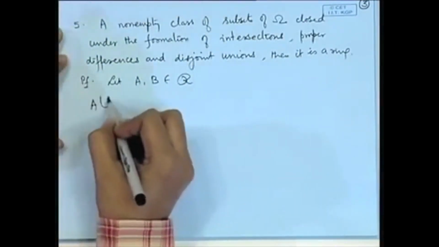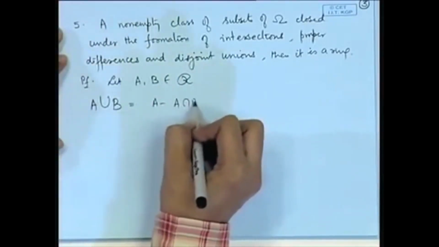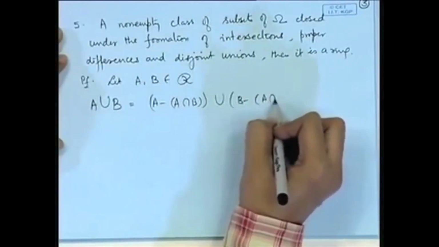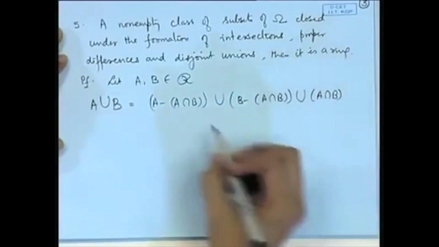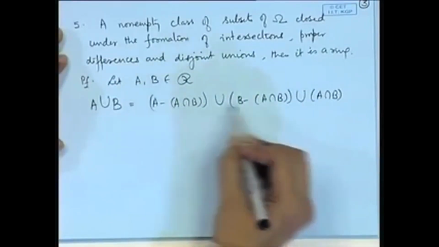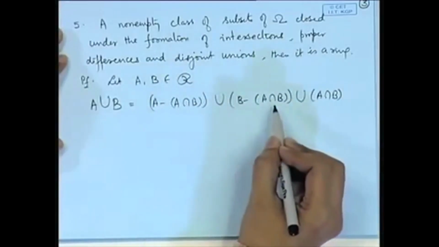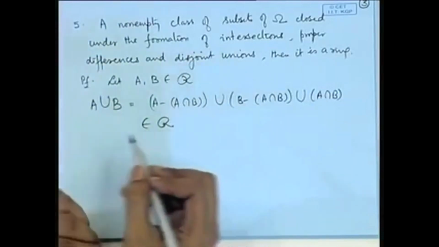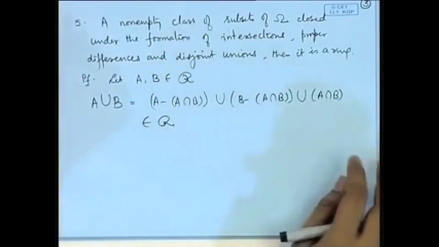If I take the union, I can represent it as A minus A intersection B, union B minus A intersection B, union A intersection B. Now you see these three sets are disjoint. The first two are proper differences and this whole union is a disjoint union. Therefore, this will belong to R. So, this can be considered as an alternative definition of the structure ring.